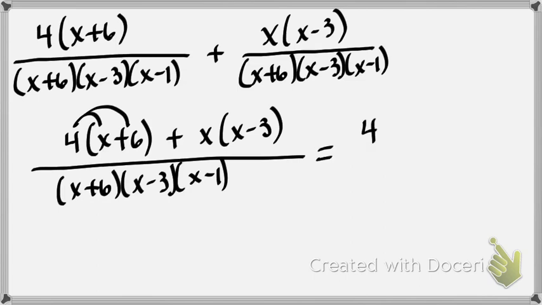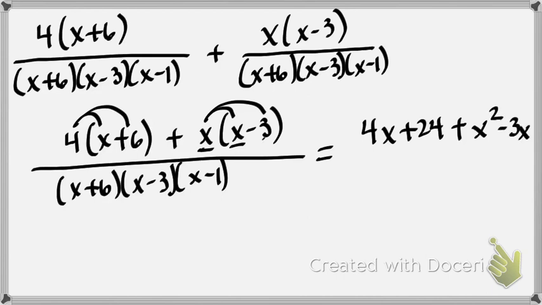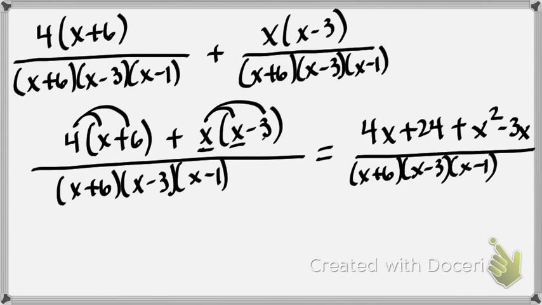So we're going to get 4x plus 24 plus, so 4 times x, 4x, 4 times 6, 24. And then we have distributing the x. X times x, that's x squared. X times negative 3, that's negative 3x. And then we have this x plus 6, x minus 3, and x minus 1.